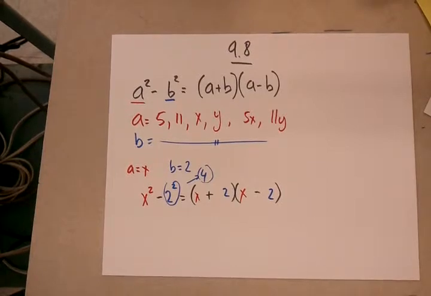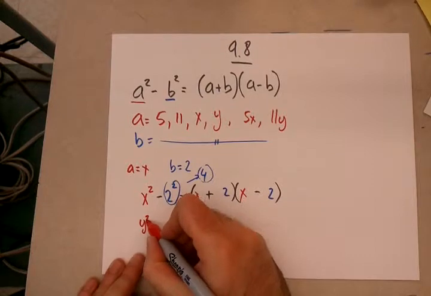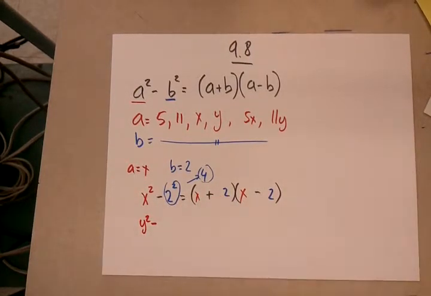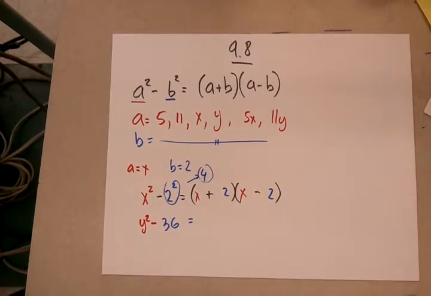So let's do another example here. If I gave you a problem like this, let's say y squared minus 36. Again, the number is almost never written in its exponential form, but we know that 36 is just 6 squared.